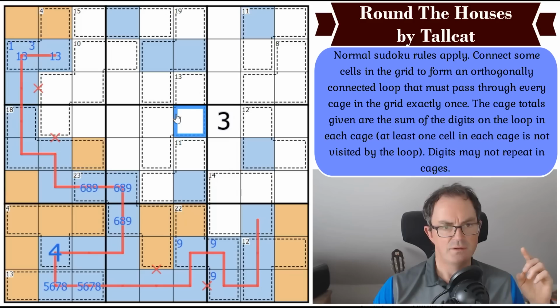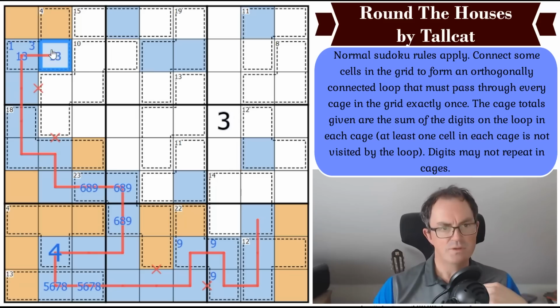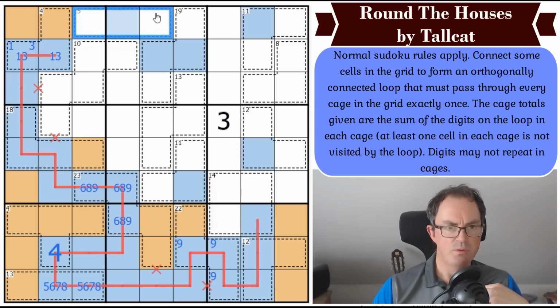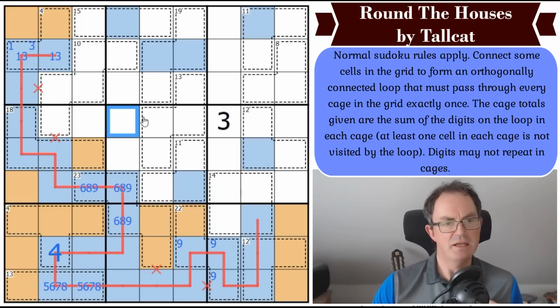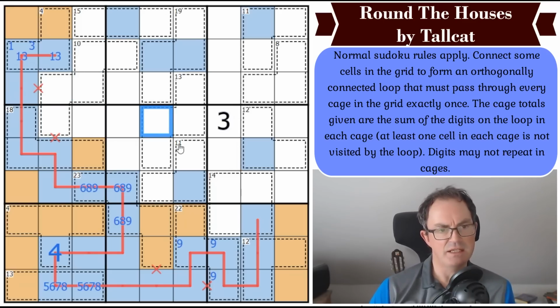And okay, what's going on at the top of the grid then? So we've got decisions to make now, haven't we, about how we move in and out of the 15 cage, in and out of the 19 cage, and especially in and out of this 10 cage. I know the next cell on the loop is into the 10 cage.